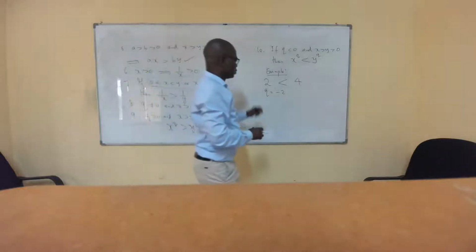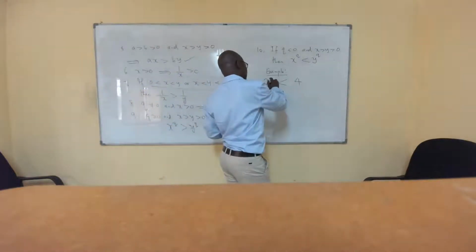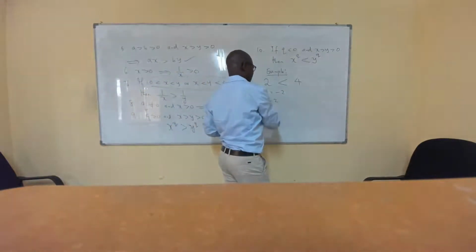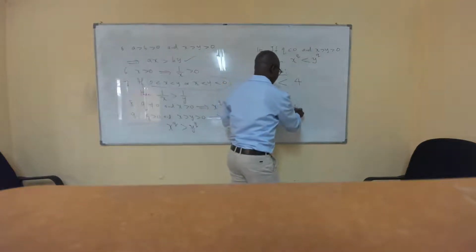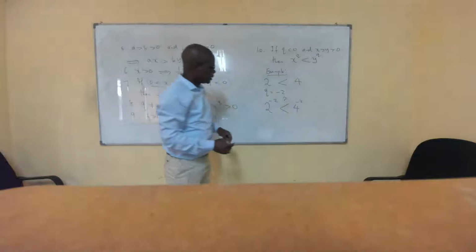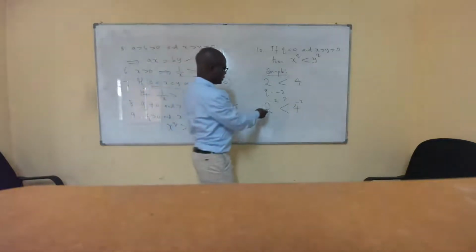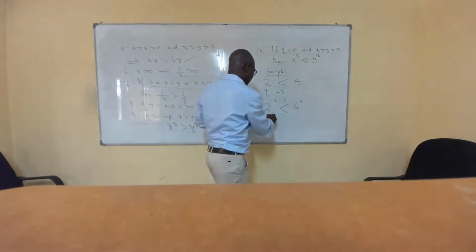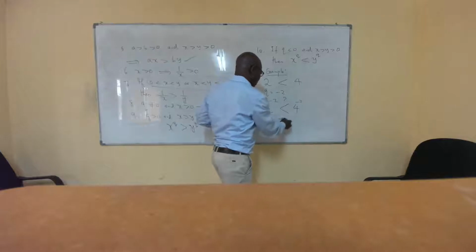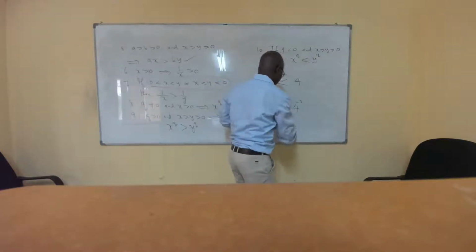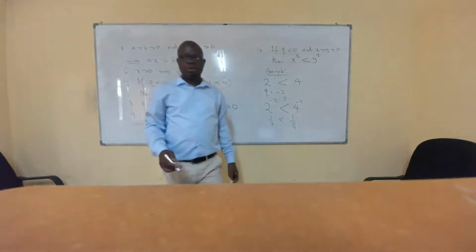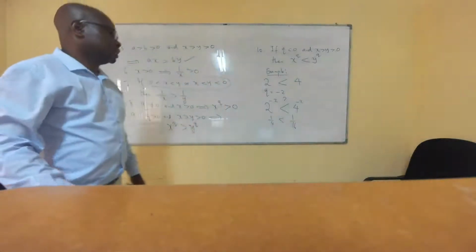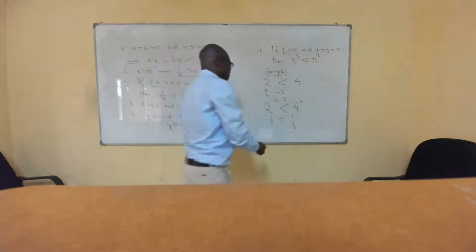If you raise each one to the power minus 2, 2 to the power minus 2 and 4 to the power minus 2, you see that this number is the same as 1 over 4. This is the same as 1 over 16. It's saying 1 over 4 is less than 1 over 16, which is wrong. This is not true.